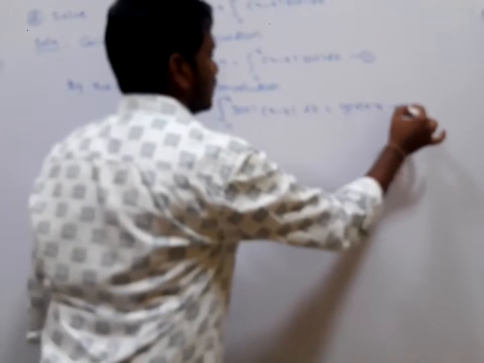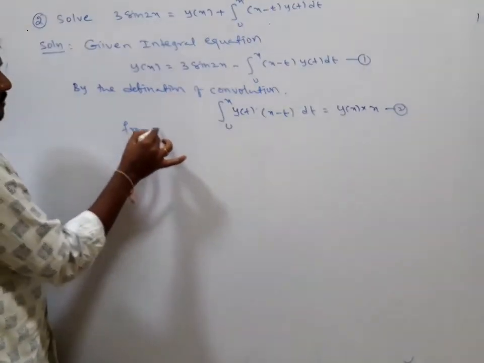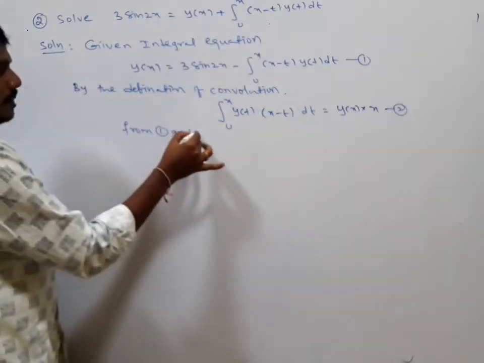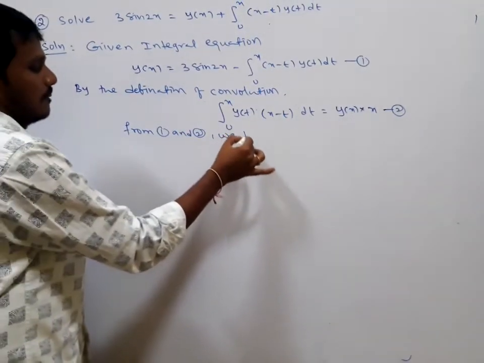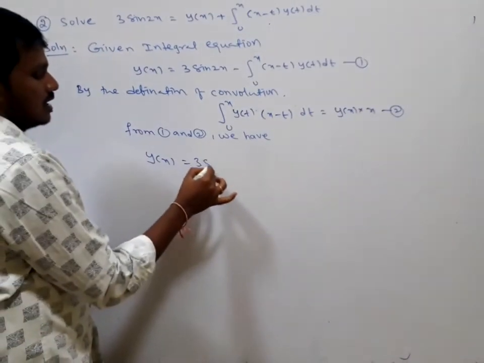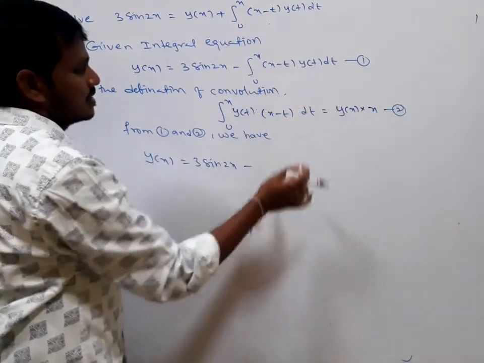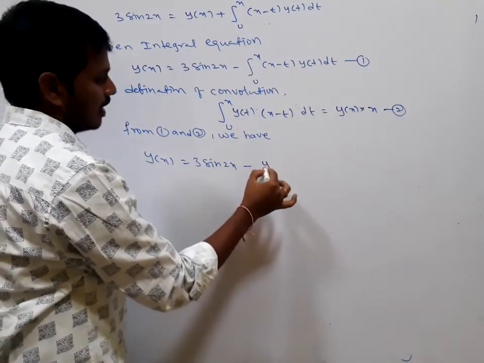Say this is 2. From 1 and 2 we have y of x is equal to 3 sine 2x minus this term, which we can simply replace by y of x into x.